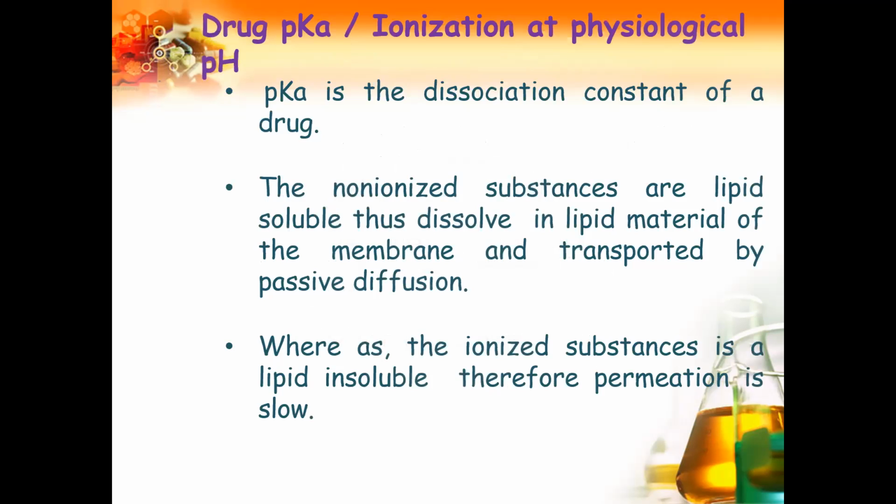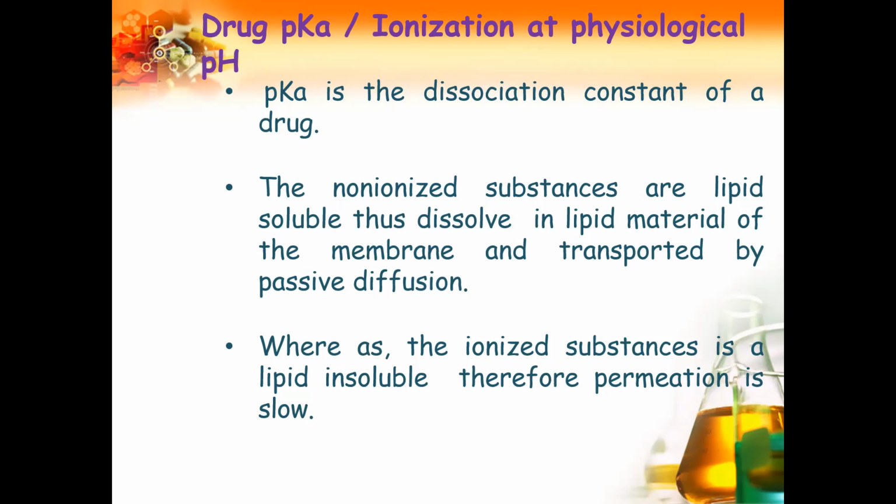The next parameter of the solubility analysis is drug pKa and ionization at physiological pH. The pKa is the dissociation constant of the drug, and non-ionized substances are lipid soluble.